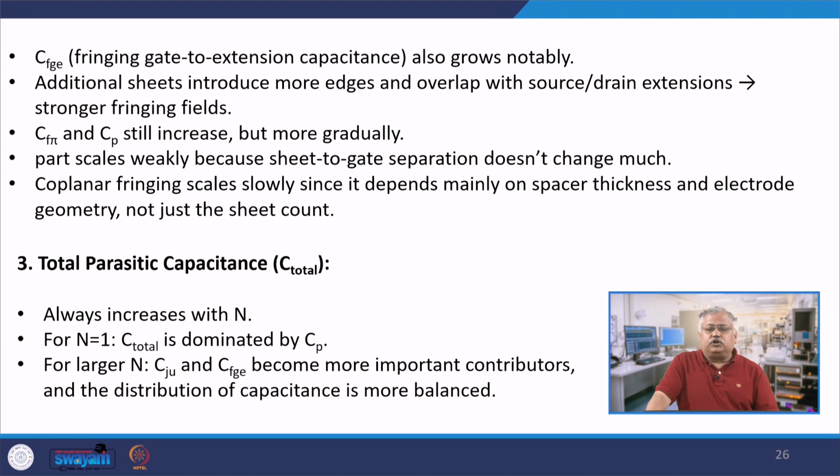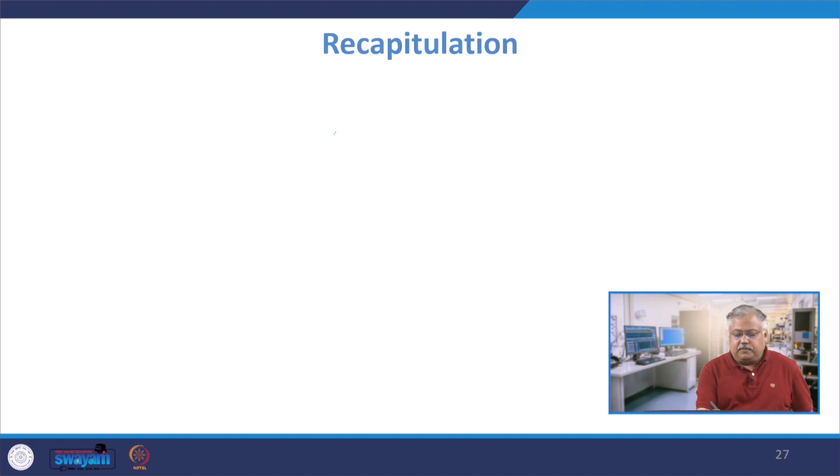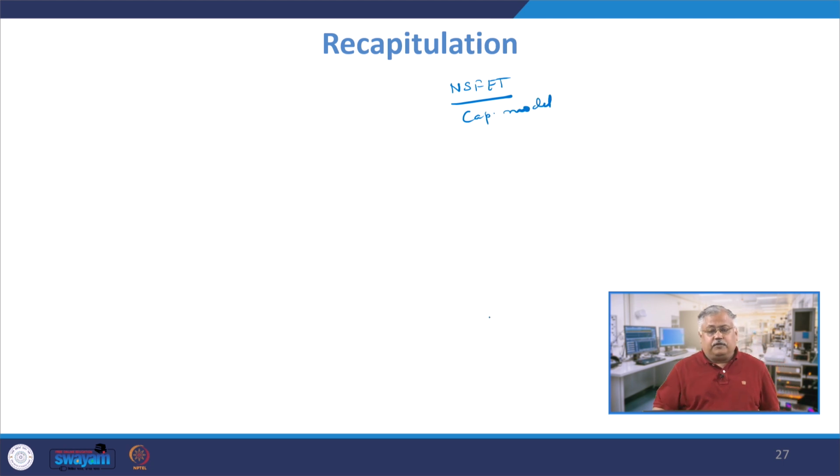So let me recapitulate what we learned in this lecture. We primarily looked into a nanosheet FET, right? How is it different from a bulk device? We looked into that. And we looked into the various capacitive models within the nanosheet FET, which were proposed by the authors of the paper which I have referred to in this presentation slide.